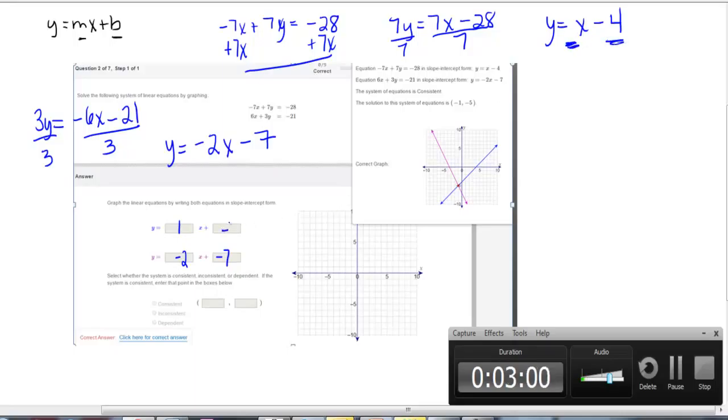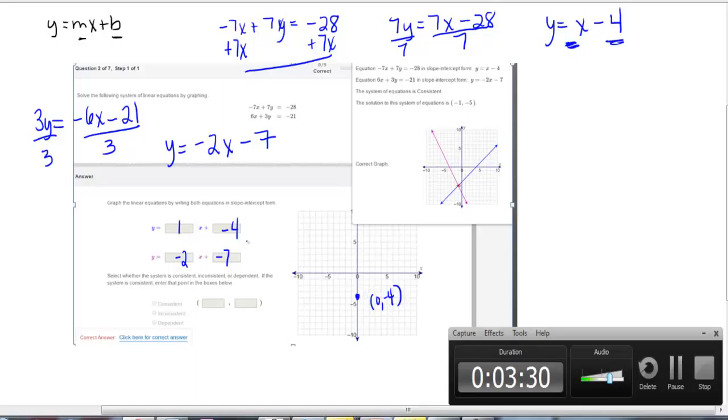When we go to graph them, the intercept on the first equation is negative 4, so I'd go down around here. My y-intercept is at the point (0, negative 4) for that equation.